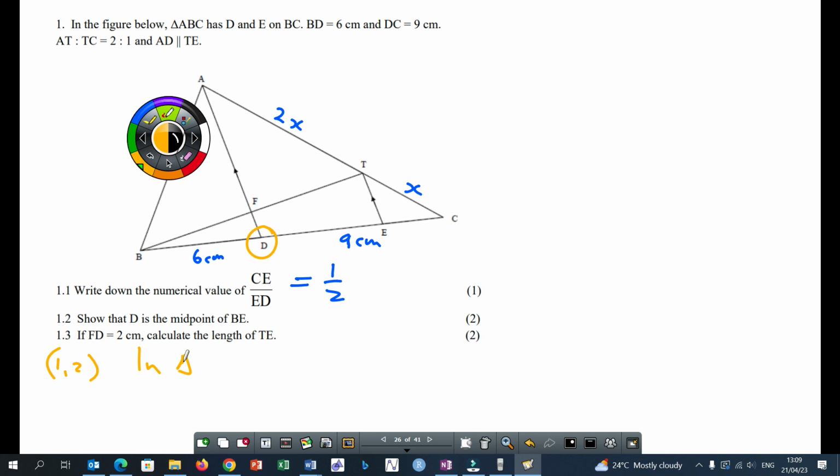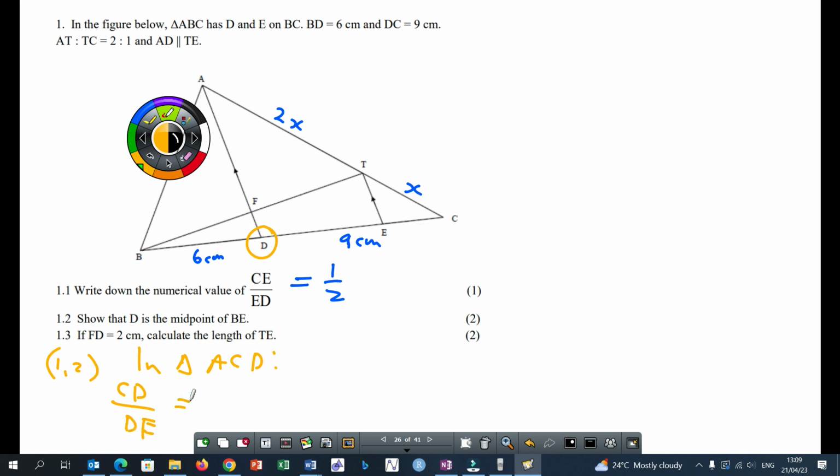So in triangle ACD, if I apply the proportion theorem using any one of the 4 corollaries, I can write, okay, I'm going to say CD over DE.